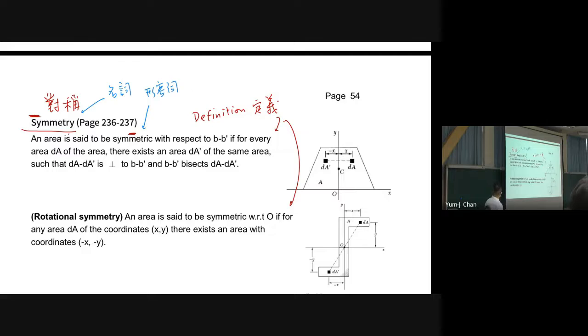And what else? Any words that you don't know here? With respect to means, and in mathematics we usually write WRT.